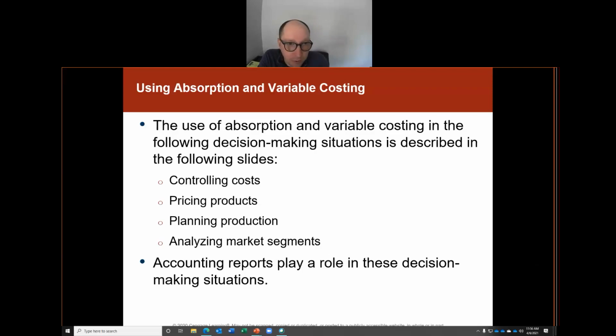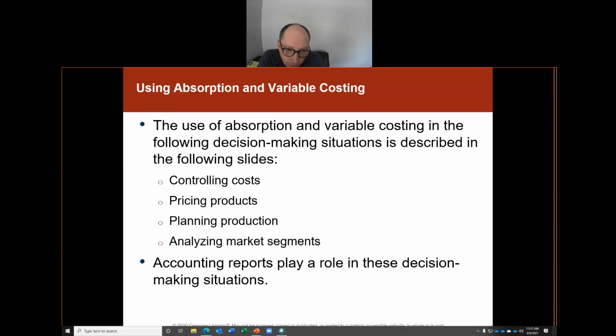When do we use them? When do we use absorption costing and variable costing? Management uses these models to control costs, definitely. To price products. When we do product pricing, we consider our total costs.